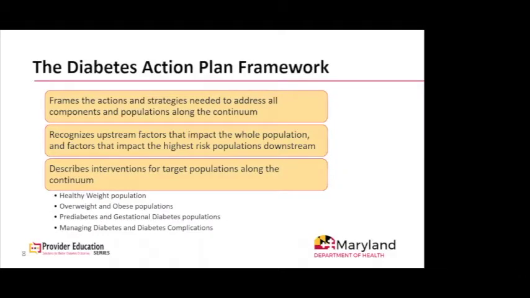So we've just seen the plan's framework encompasses all the populations across the continuum and calls for both upstream and downstream actions. There are plenty of action steps in the sections for managing diabetes and its complications. These are ones that healthcare providers are already familiar with, like you should refer people with diabetes for vision screening, conduct regular screening for kidney disease, and ensure podiatry involvement for foot care.